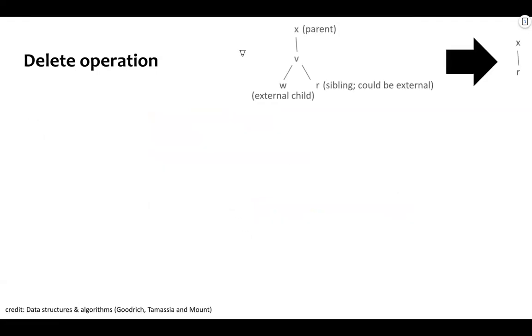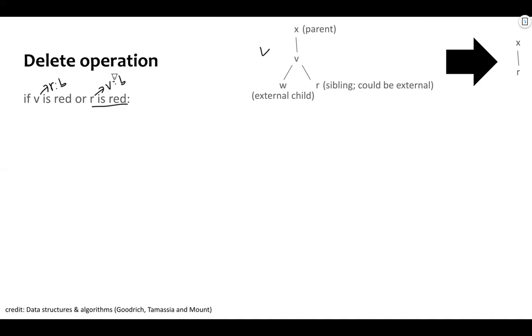So this is the picture for recap. If V is red or R is red, that means when V is red, then R is black. When R is red, that means V is black, because we cannot have 2 consecutive red nodes.